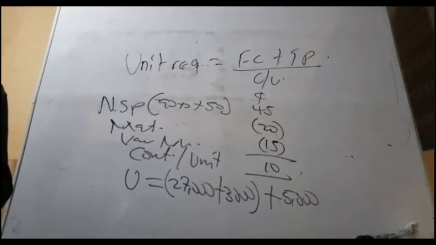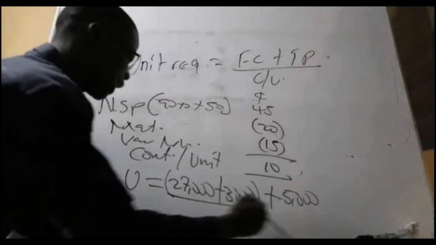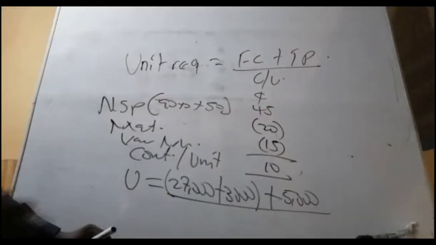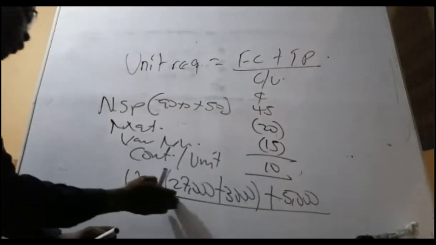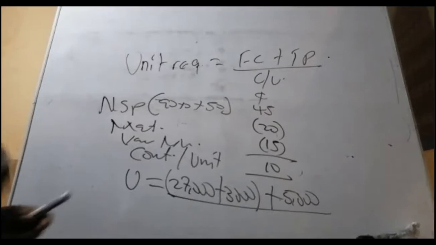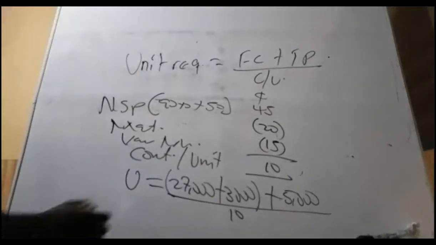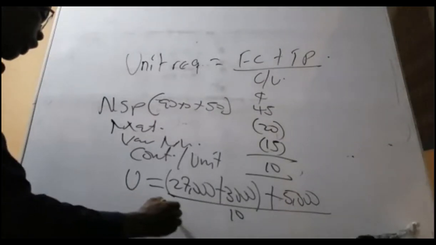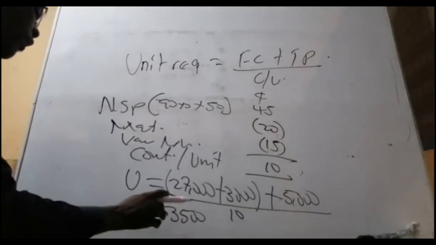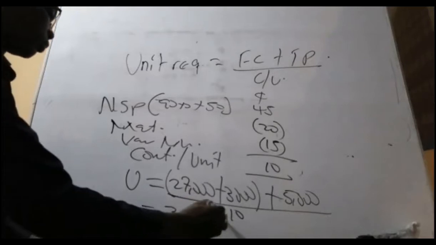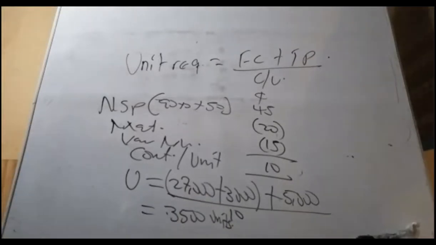Here there's no tax, so don't bring tax issues in. The contribution is 10, so the units must be 3,500 units. We are done.